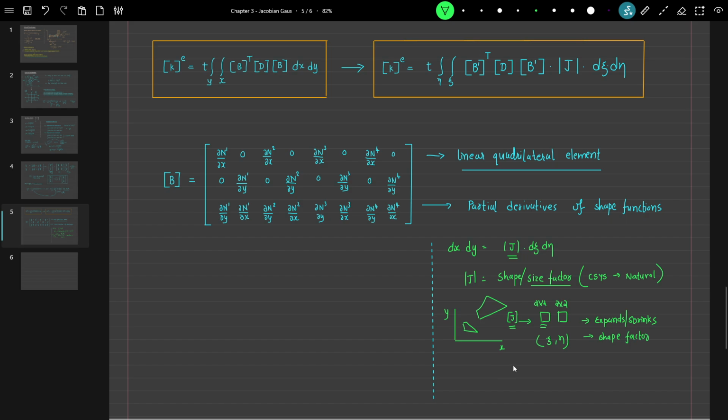That's how we also see the Jacobian of elements. They are also treated as element quality parameters in some software, because it shows how it shrinks or expands, and how it gets skewed or unskewed.